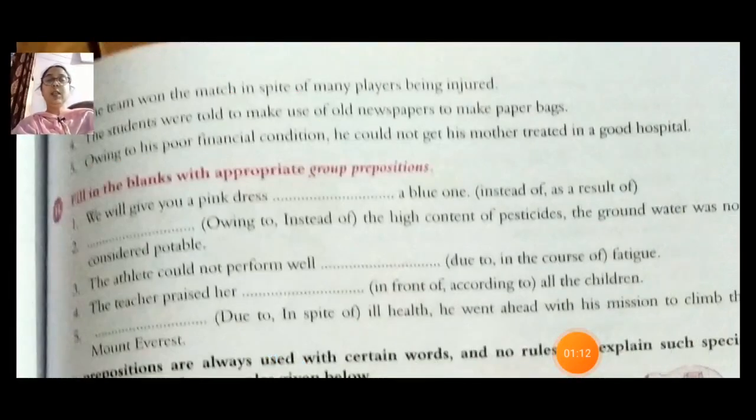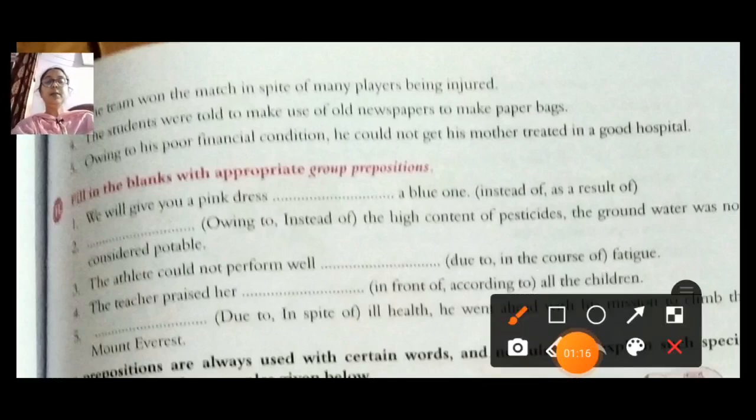So in exercise number H we are going to complete it. Fill in the blanks with appropriate preposition. Now again we have to choose the appropriate preposition. We will give you a pink dash, a blue one. So we are going to choose instead of.